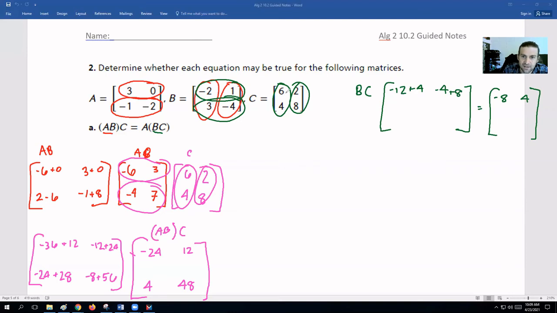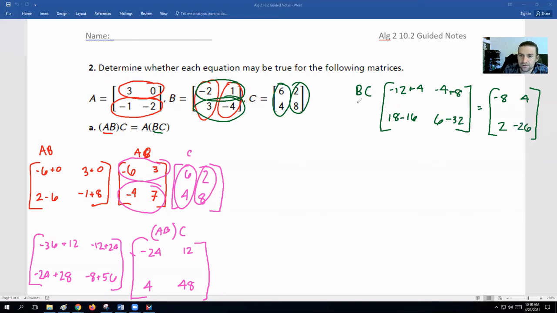Now second row, first column: 3 times 6 is 18. Negative 4 times 4 is negative 16. Add them together, that would be 2. 3 times 2 is 6. Negative 4 times 8 is negative 32. If we add those together, that'd be negative 26.